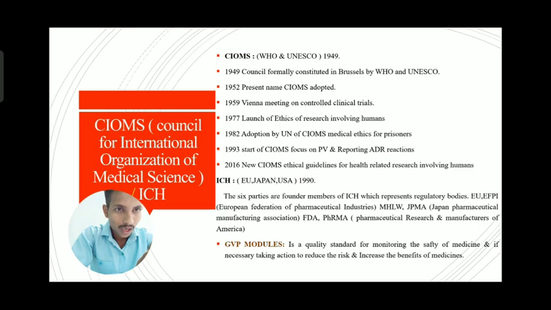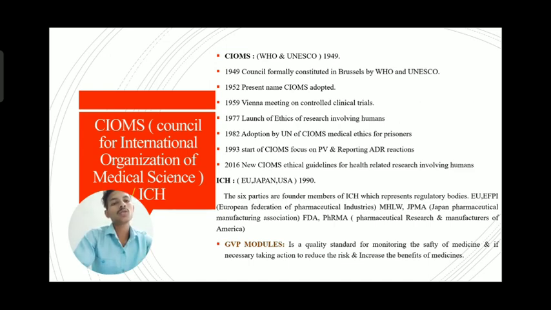Then the ICH, the International Council for Harmonisation. The six parties are the founder members of ICH, which represent the regulatory bodies: EU, EFPIA, European Federation of Pharmaceutical Industries, MHLW, JPMA is Japan Pharmaceutical Manufacturers Association, FDA, PhRMA Pharmaceutical Research and Manufacturers of America.